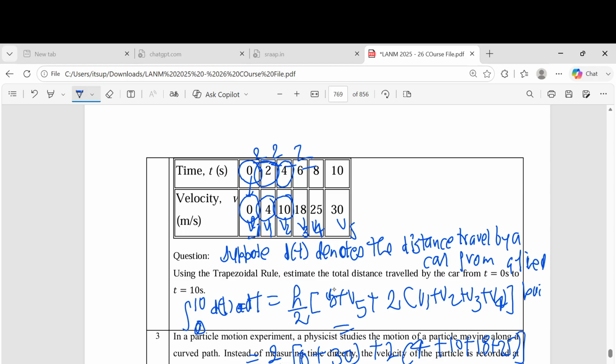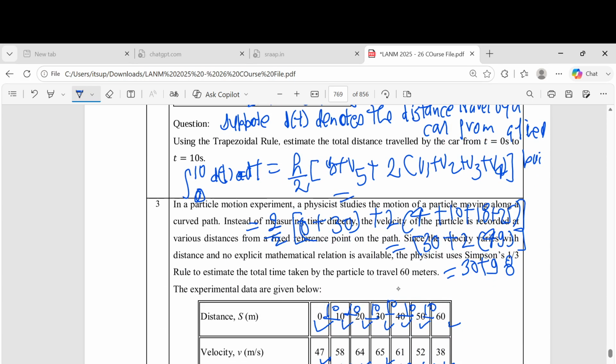This is 30 plus 2 times 49. This is 30 plus 98. So this is your required answer.